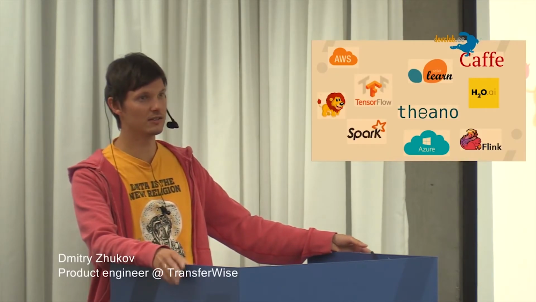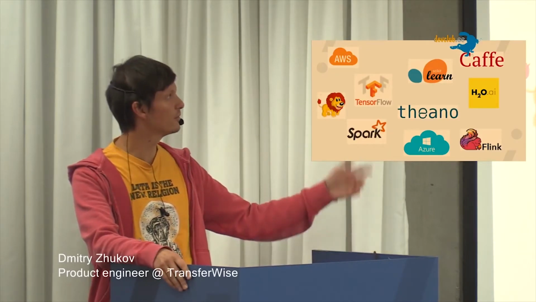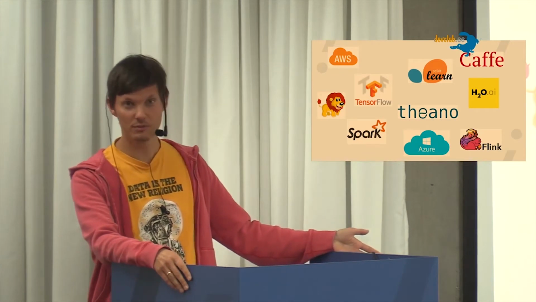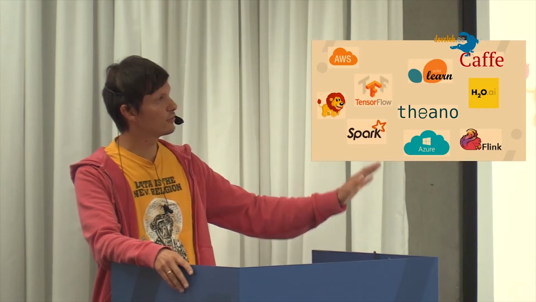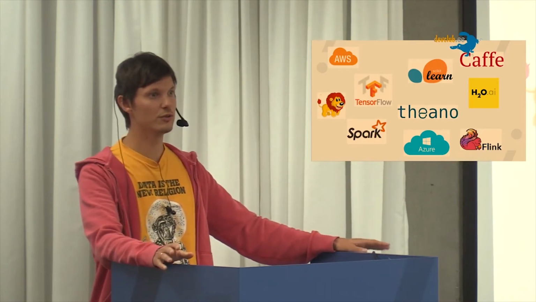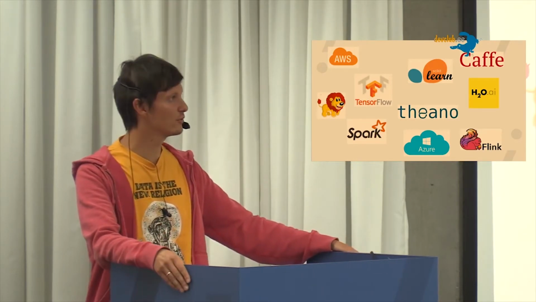Many frameworks that were not touching machine learning before now include it as an official part, for example Apache Flink, which is actually a streaming framework. Many machine learning frameworks now assure you that they support production flows.